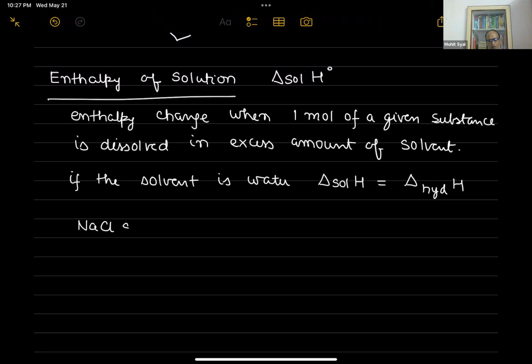Suppose you take 1 mole of common salt, NaCl, and mix it in excess of water.